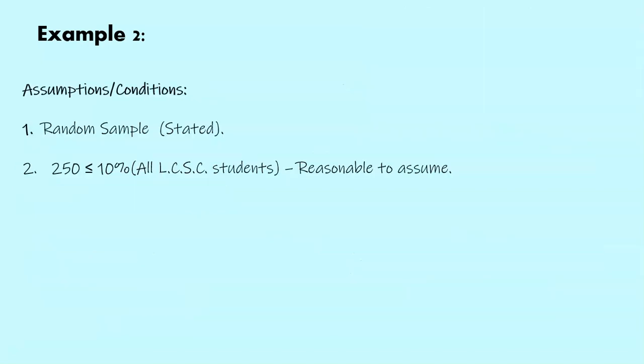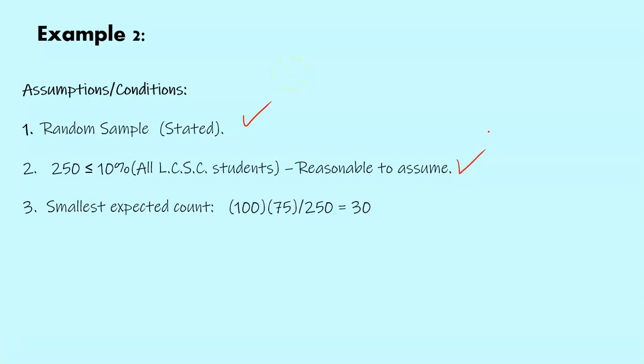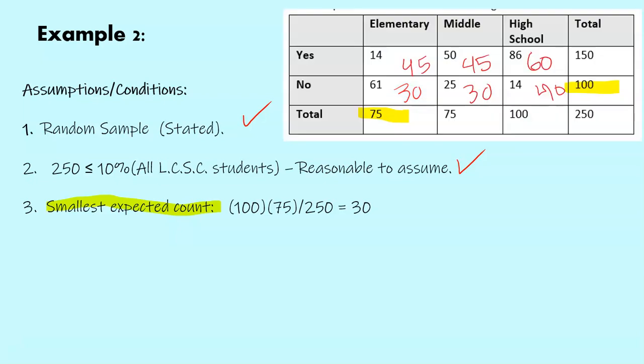All right, so assumptions, random sample, stated. 250, less than 10% of all students in this corporation? Sure, reasonable to assume. My smallest expected count would be the 100 is the smallest row, and 75 is the smallest column. So we're looking at this elementary and no section here, or I could have picked middle, it wouldn't make a difference.